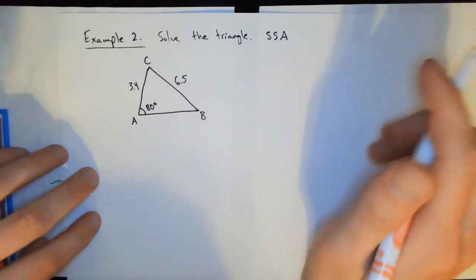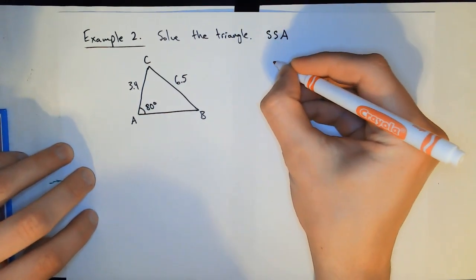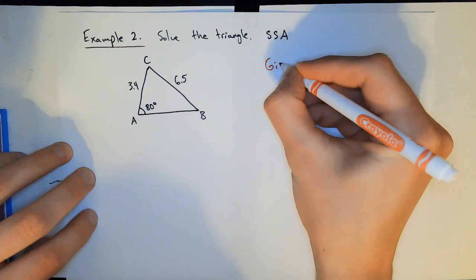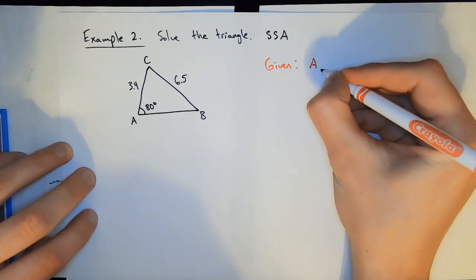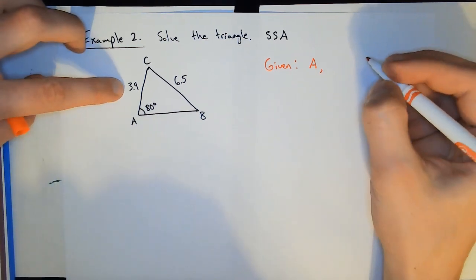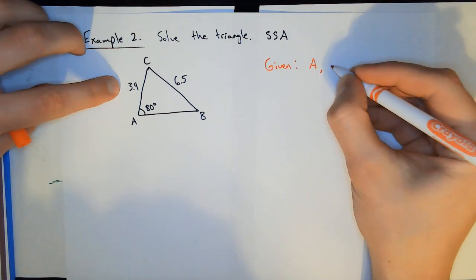So maybe we should write down what we have and what we might want. Given: capital A, angle A. What is this side? They didn't label it for us as far as letters go, but this would be lowercase b.